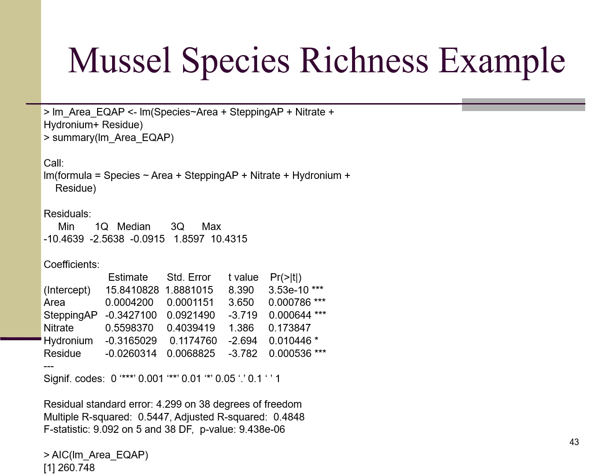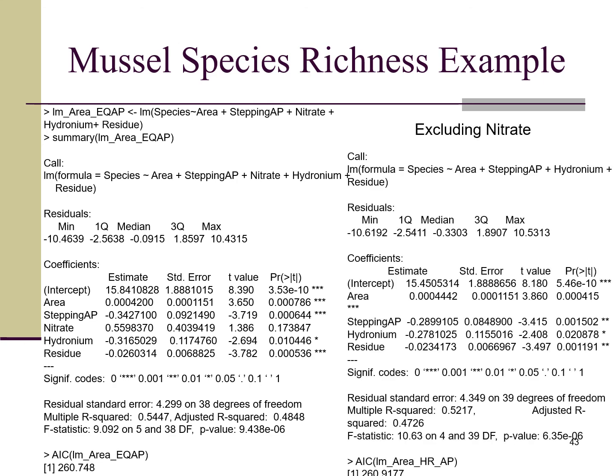And so if we exclude nitrate from this, we get a model where all of the individual parameters are statistically significant and we wind up with a multiple R square of 0.52, and an AIC of 260.9 versus on the left the AIC of 260.748.